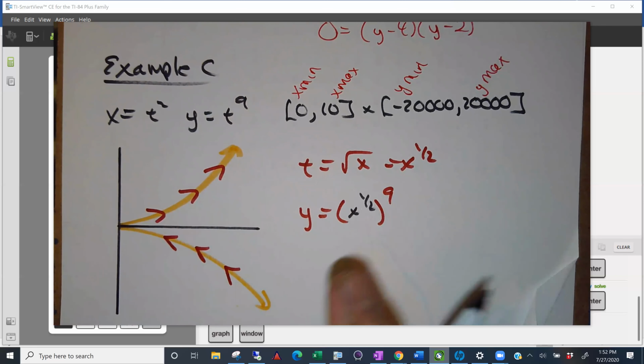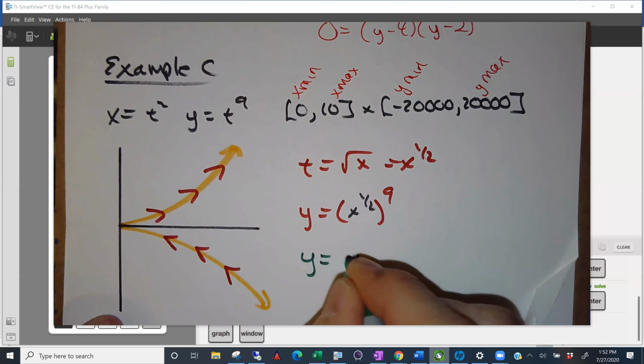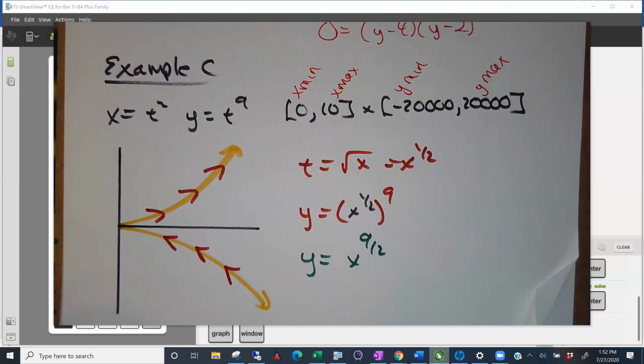Do these exponents multiply or do they add? Power to power. Multiply. Multiply, thank you. Y equals x to the 9 halves. Beautiful. All right, I think we nursed a lot out of that one.